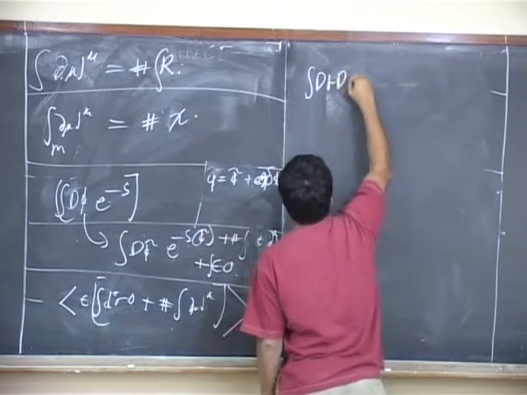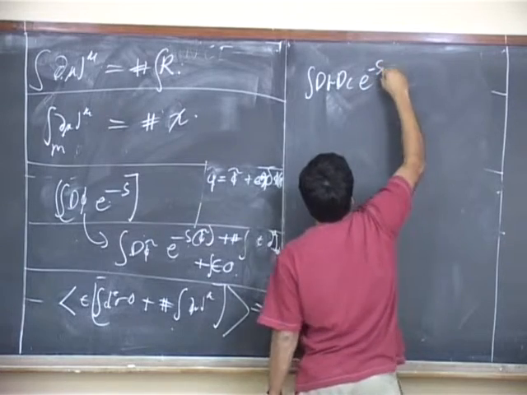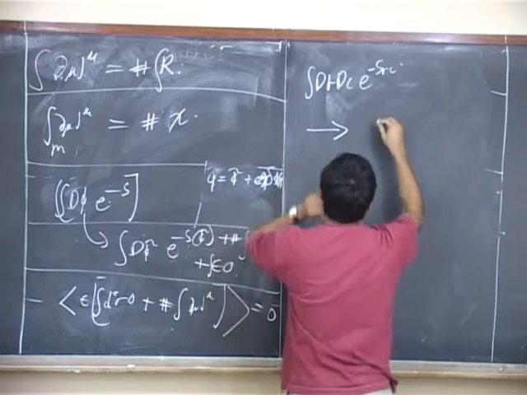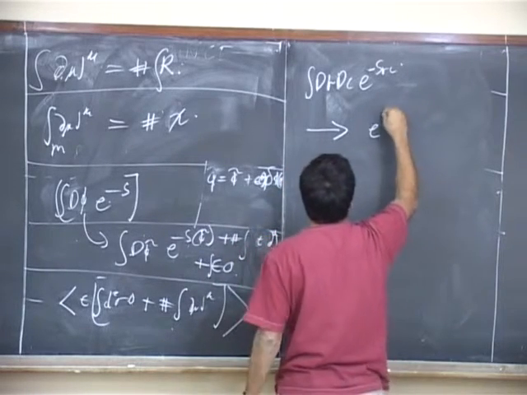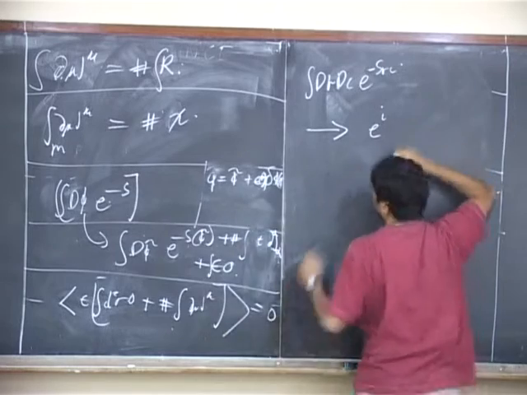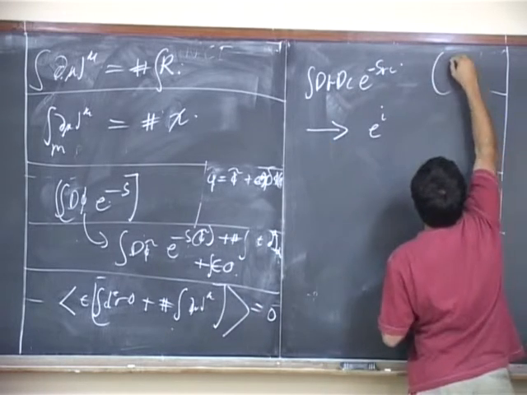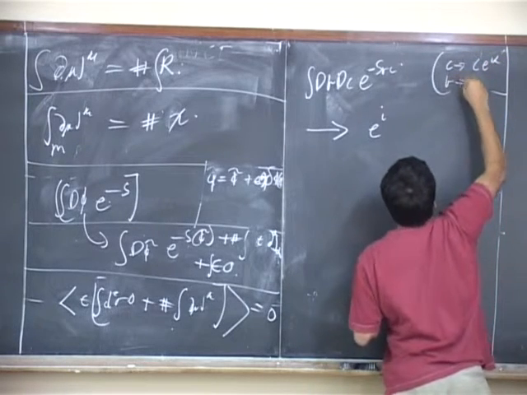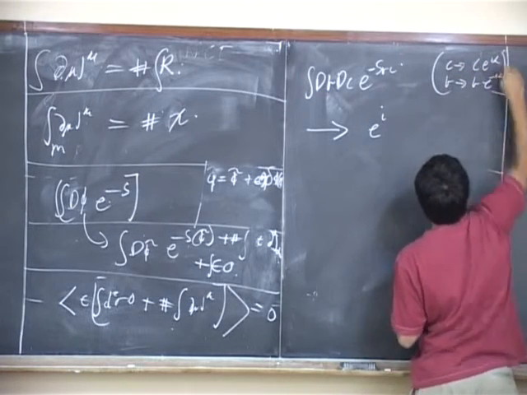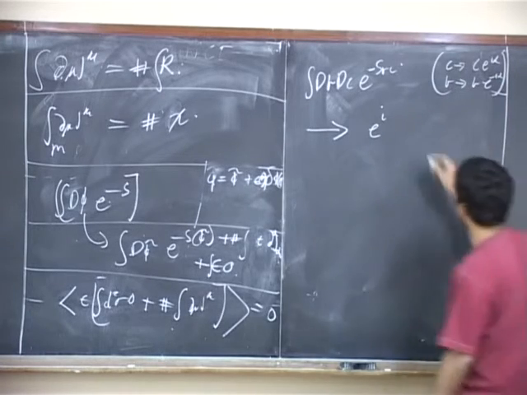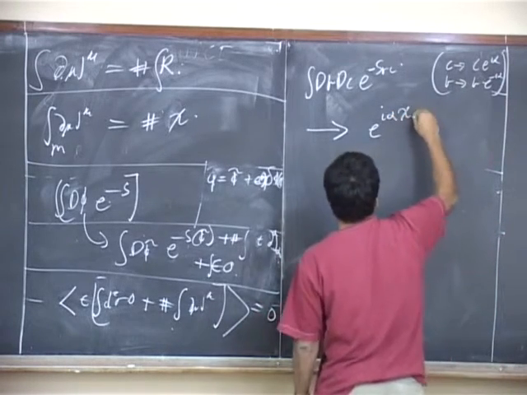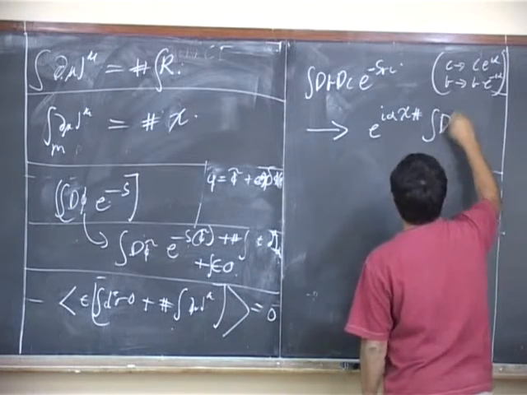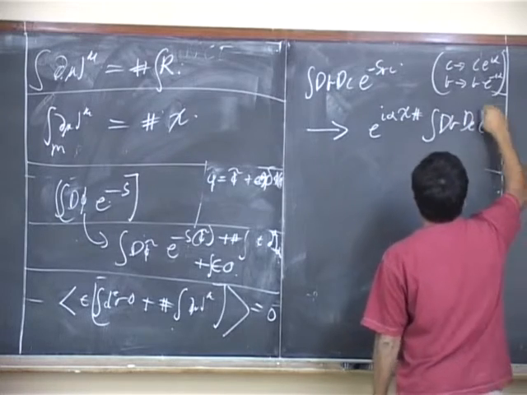So dB dc e to the power minus bc, under the operation c goes to c e to the power i alpha, b goes to b e to the power minus i alpha, this thing goes to some number e to the power i alpha times chi times some number that we have to calculate, times the integral dB dc e to the power minus bc.